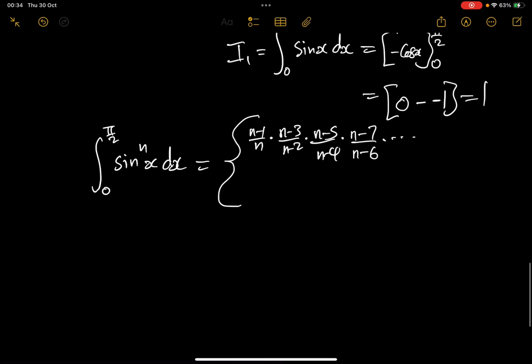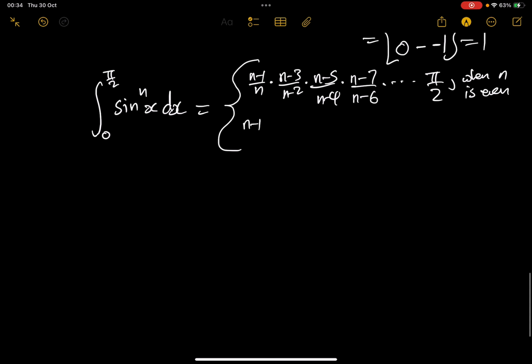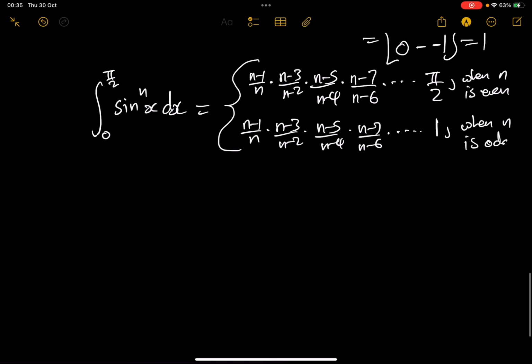I_0 we found is pi over 2, and then you write here, when n is even, you're going to have (n-1)/n, (n-3)/(n-2), (n-5)/(n-4), (n-7)/(n-6), and then this also goes to 1 when n is odd.